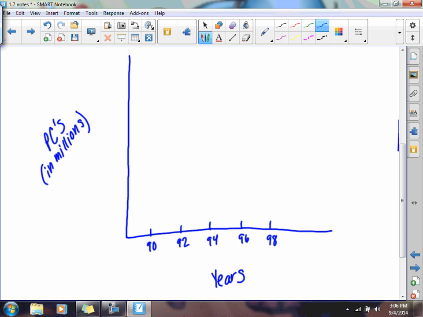So I could start at 10, 20, 30, 40, 50, 60, 70, 80, 90, 100. So we want to evenly space our amounts here. So let's say I started at 10, let's put 20, 30, 40, 50, 60, 70, 80. I won't label every single one just because it would be a little cramped there on the side.